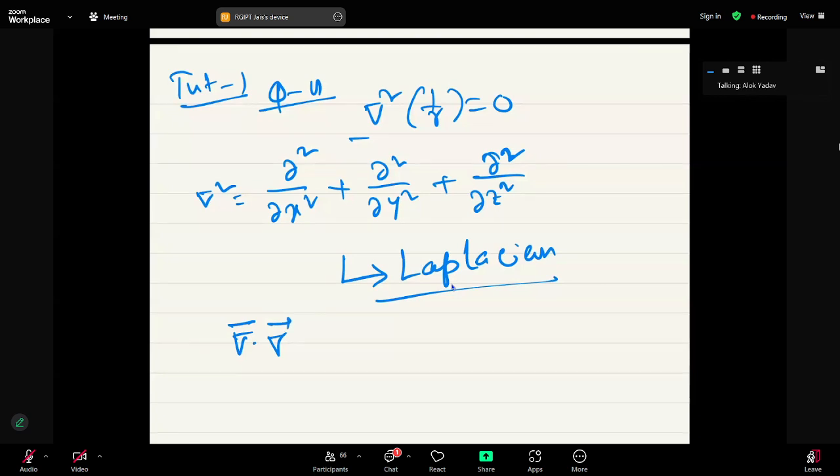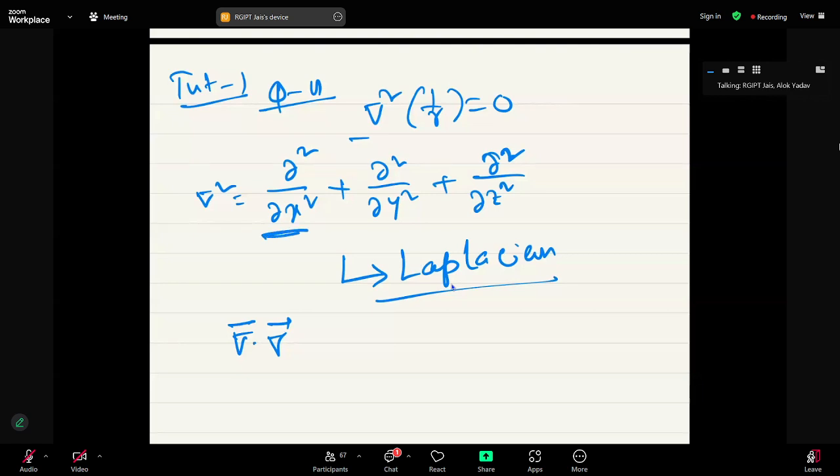Sir, if we solve this question by this method, we get another answer. This should not be 0, right?